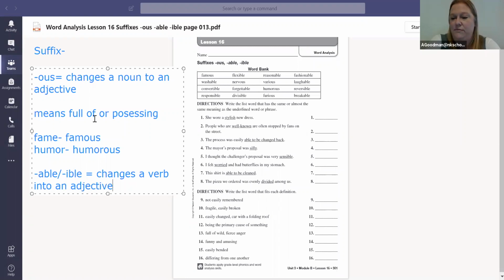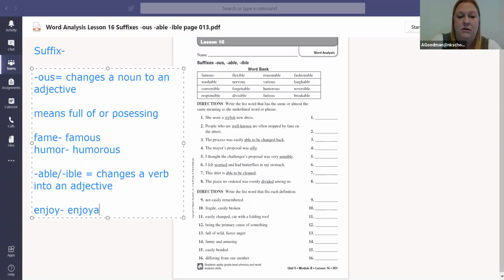An example would be enjoy. I enjoyed it, that's a verb. It's an action. I am enjoying this apple. And then if you change it, you now are describing the apple. It is enjoyable. Or say break.